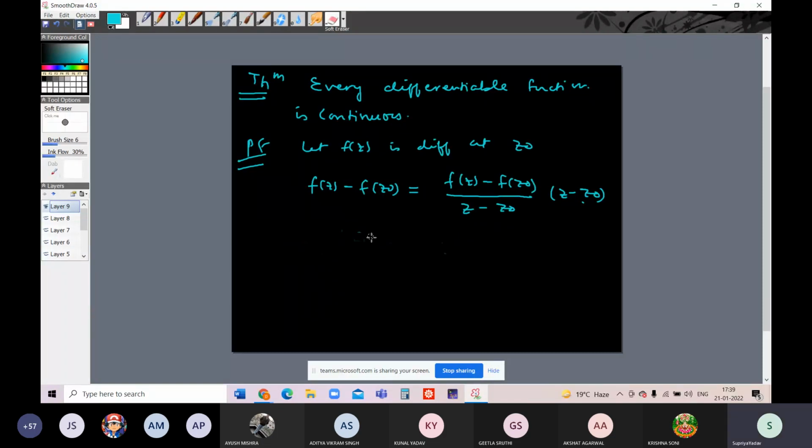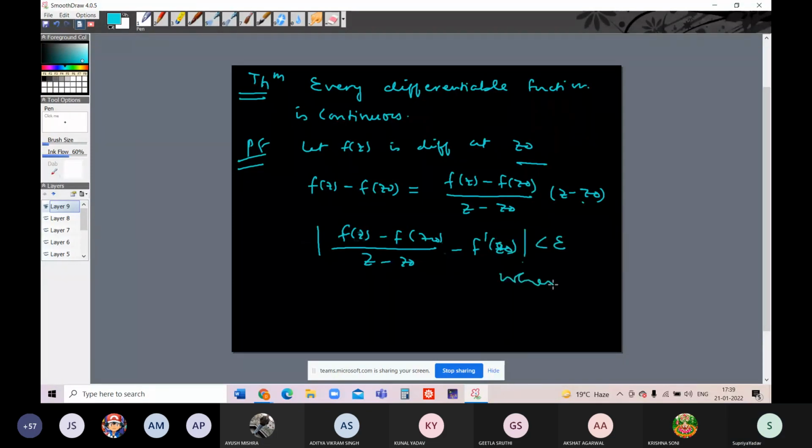Because the function is differentiable at this point z naught, it means that f z minus f z naught over z minus z naught, minus f dash z naught, will be less than epsilon when modulus of z minus z naught is less than delta.